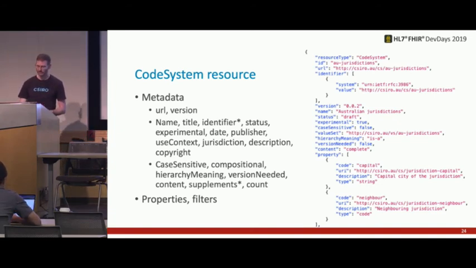I've got a whole bunch of metadata up the top. Critically, I've got a URL there and a version. I can tell that it's an ISA hierarchy, so it does have subsumption. And then I've defined a couple of properties on it. I've defined a capital property, which is the capital city of each of these jurisdictions, which is a string. And then I can say a neighbour property, which is a code-typed property which points off to the neighbouring jurisdictions.